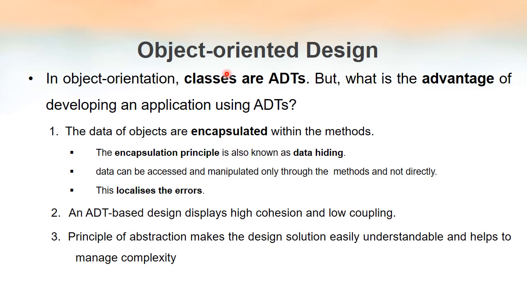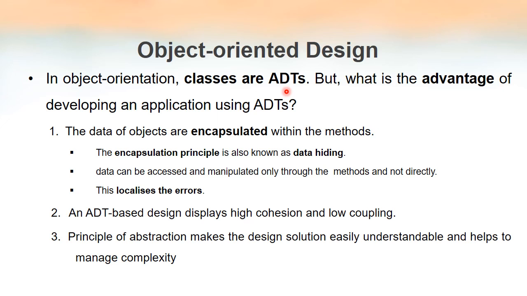That means in object oriented design we use classes to develop software, and classes are actually abstract data types. And what do we mean by abstract data type? That is what we saw in the previous slide. Anything that provides the features of data abstraction, data structure, and data type can be considered an abstract data type.